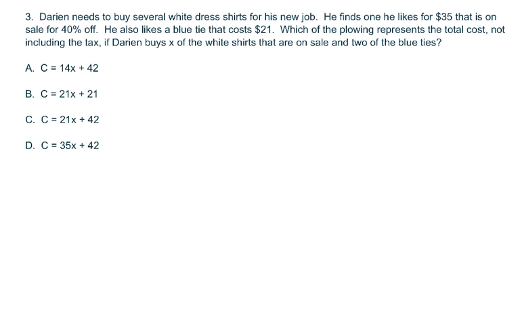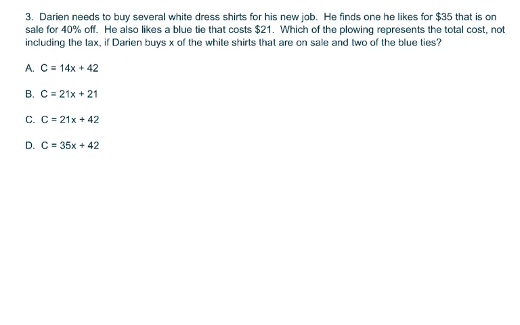Okay, next one, we have a little word problem, and we want to look at the answer choices to see what variables are being used. They're using X and C for cost. All right, so keep in mind that the shirts are on sale, but the tie is not. Okay, the shirts are 40% off.